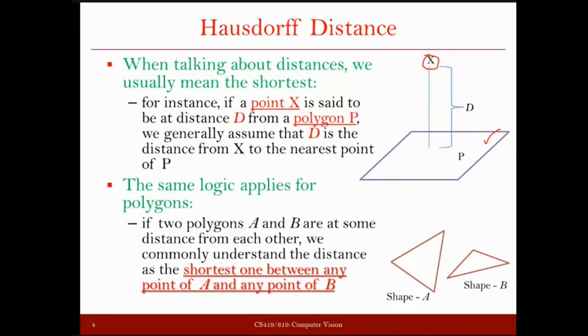So if we apply the same notion on these shapes, when we are matching shape A with shape B, and we say that these two shapes are d distance apart, here also we mean the shortest distance. Now, how will you compare the shortest distance between shape A and shape B? So the criteria could be: take one point here, compute the distance from this to the shortest point here. Similarly, take another point here and compute the shortest distance to another point here, and so on. And whatever you get, you take the minimum of that.